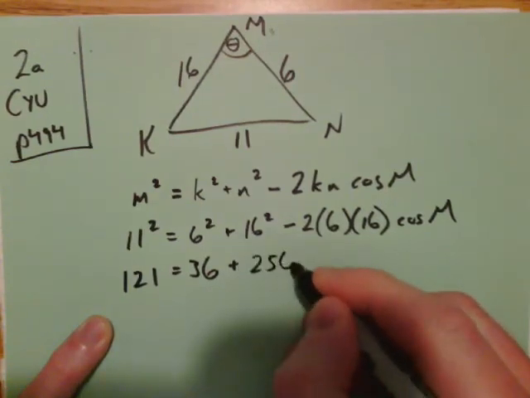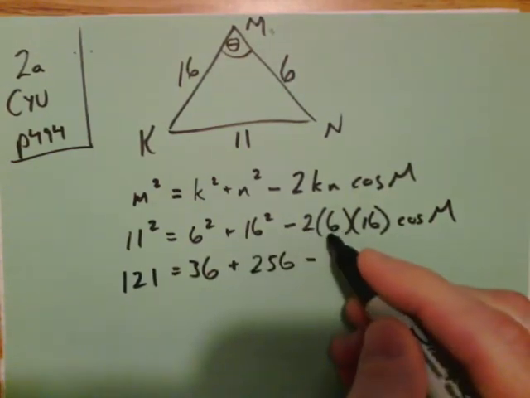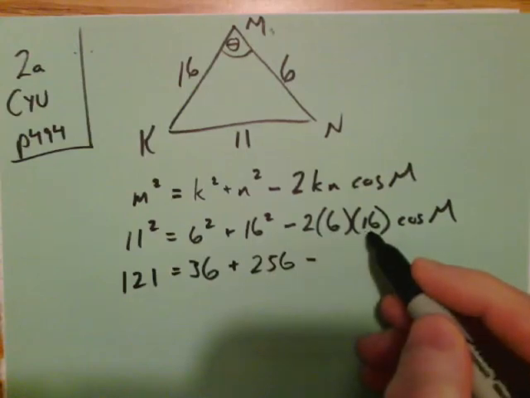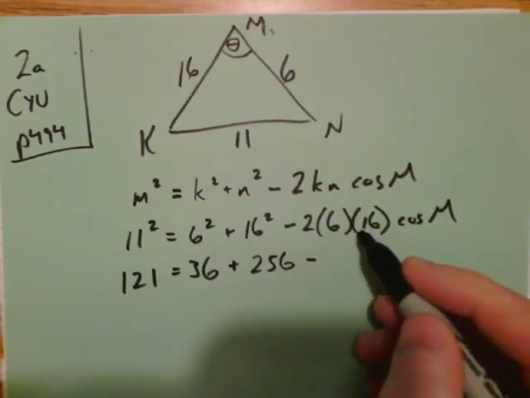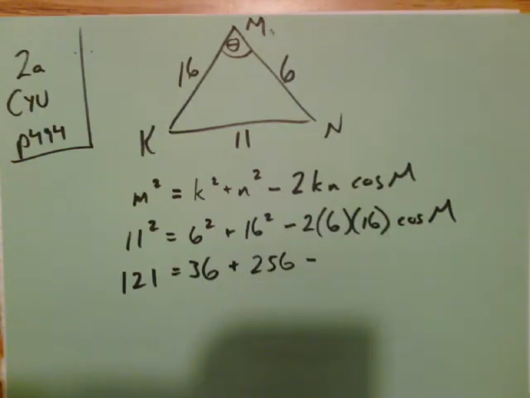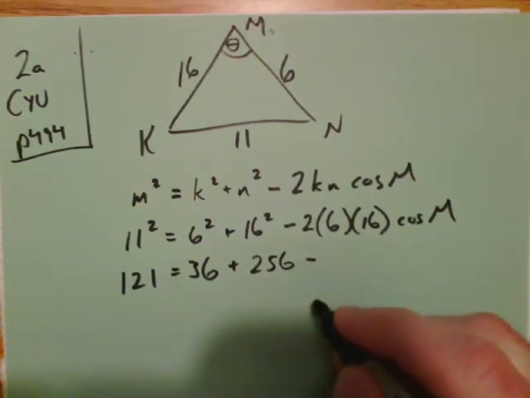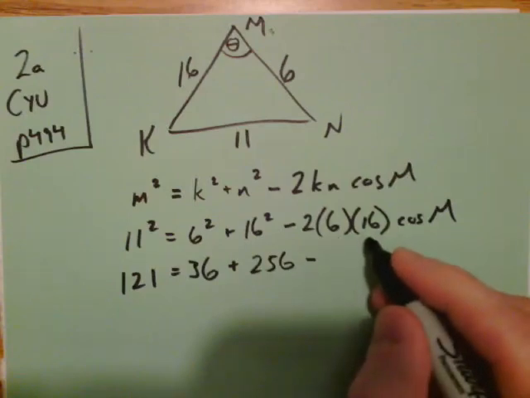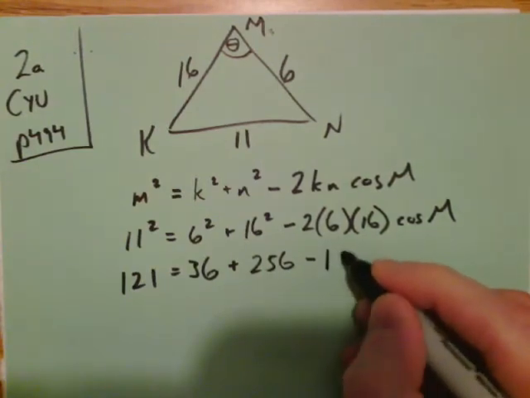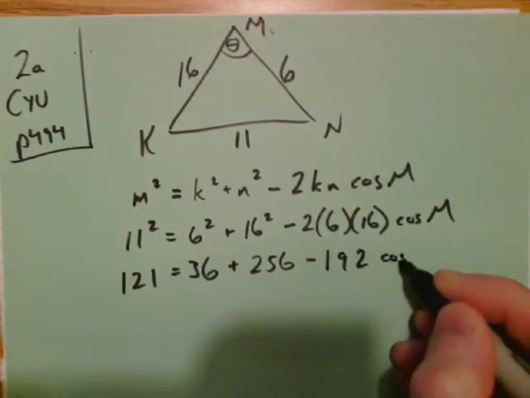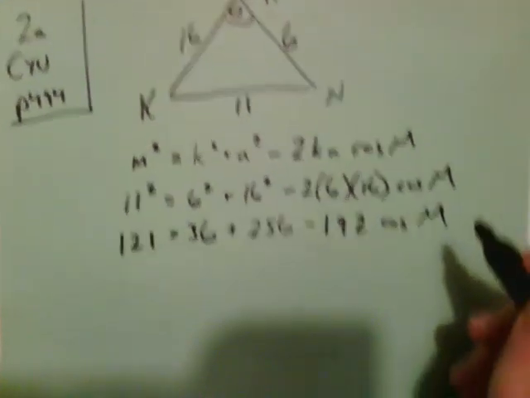Minus 2 times 6 times 16, that's 192 cos of m.